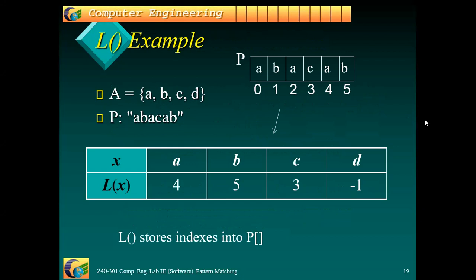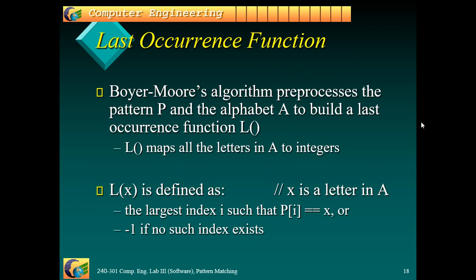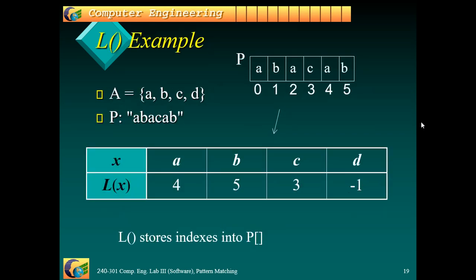So you can see here, what is it that you do? You first have to find the last occurrence. For example, your pattern is given. So while designing the algorithm, you can see here, this is a pattern A, B, A, C, A, B. The alphabet set is also given. Alphabet set means your text can carry how many characters?